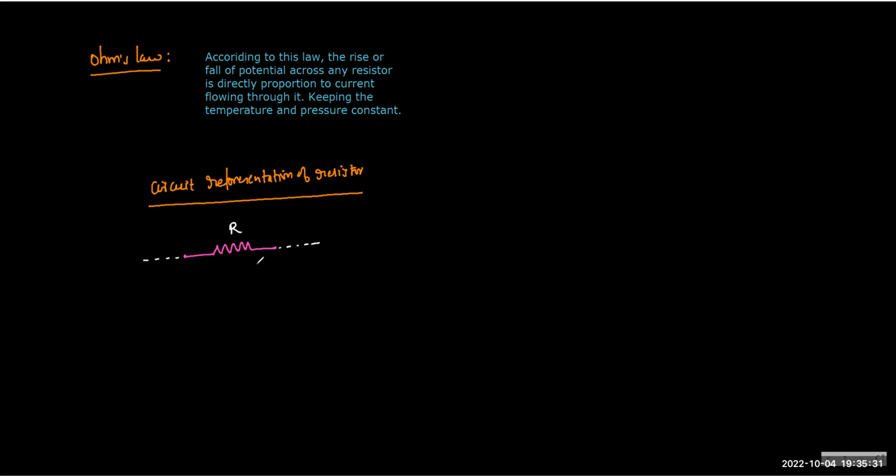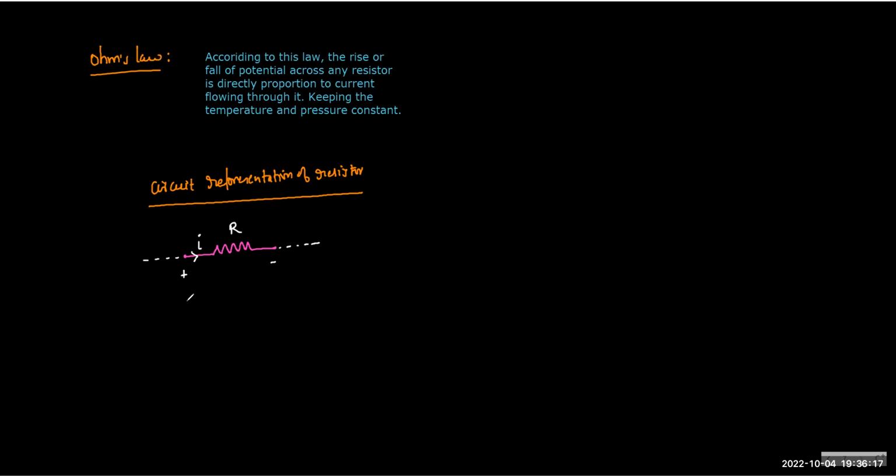Now no matter what, if a resistor is part of a circuit and there's a current flowing through it, then we should know that current only flows from high potential to low potential. So the moment you know the direction of current, you can always guess which end is at high potential and which end is at low potential. You can say the left end is high, the right is low, because you have taken the current direction towards right. But if you take the current direction towards left, then the right end becomes high potential and the left end becomes low potential. So it is entirely the assumption.